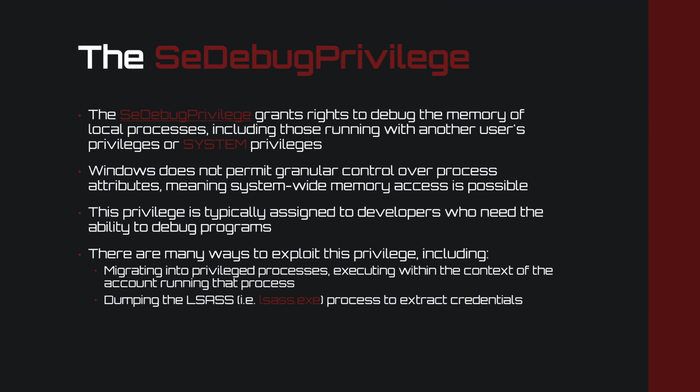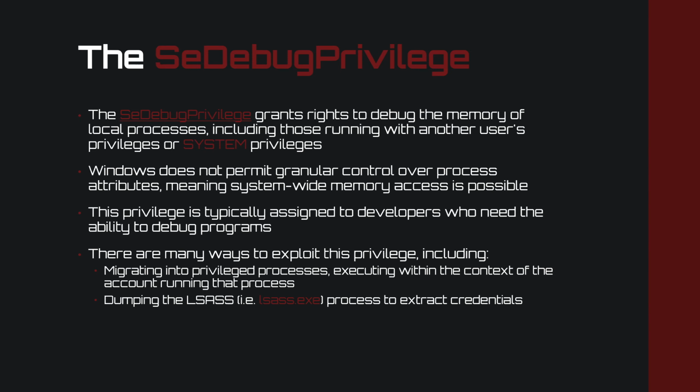Now, one of these privileges is called Debug Programs, or its abbreviation SeDebugPrivilege, which grants us the ability to debug memory of local Windows processes. Typically, this privilege is assigned to developers who require the ability to debug system processes.